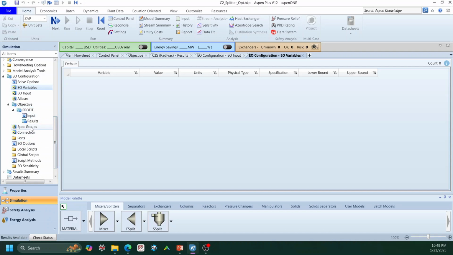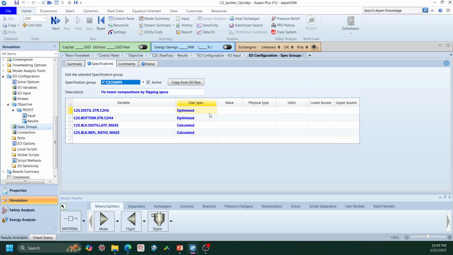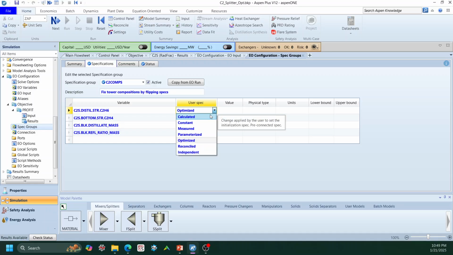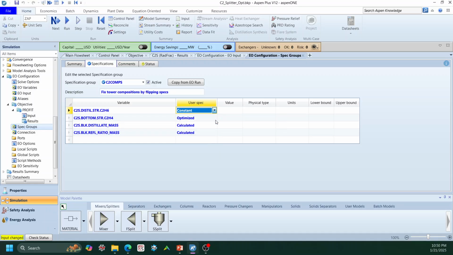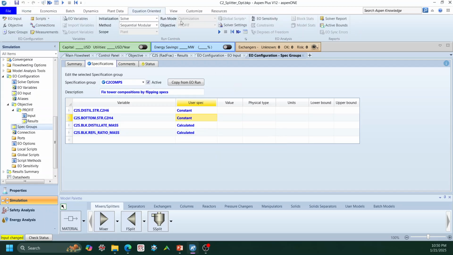Then, just to see, instead of optimize, we do calculate constant, so that we do the simulation, equation oriented, and then simulation. Okay, and click run.